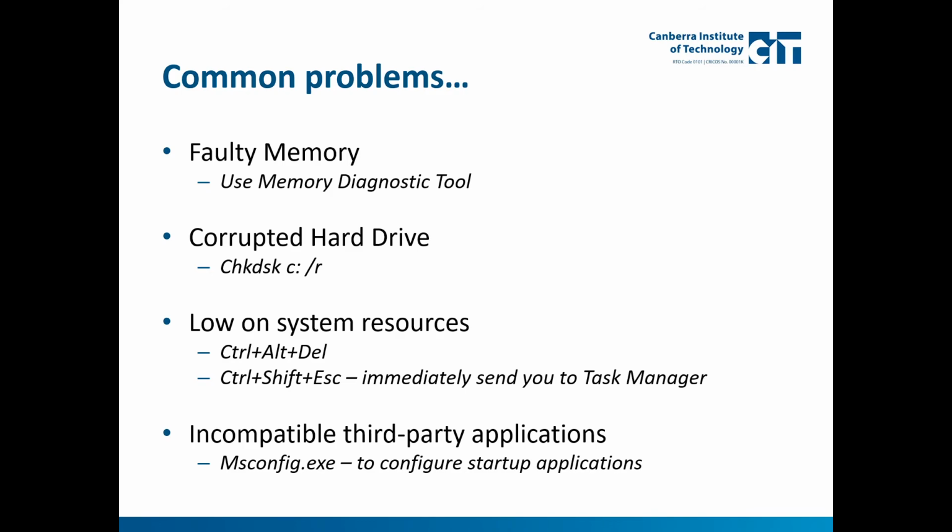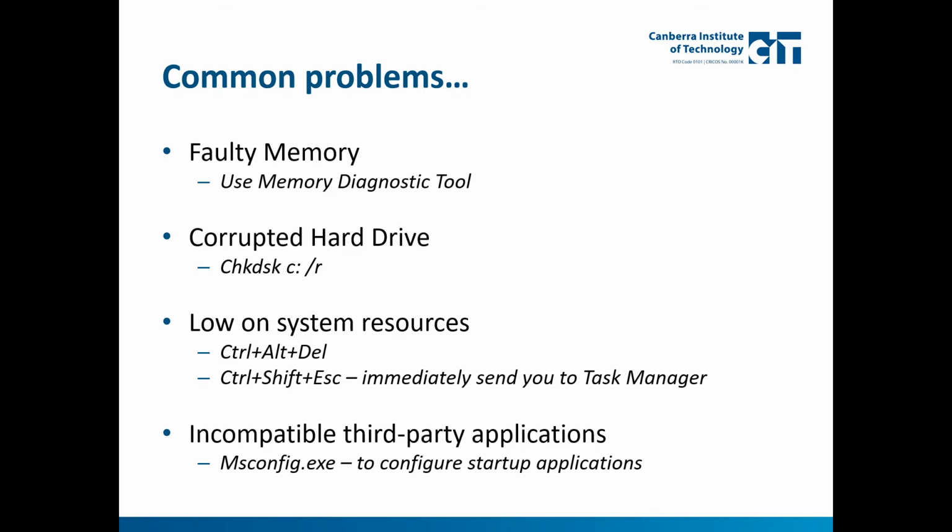Low on system resources. So once again, guys, if you use the famous Control-Alt-Delete and you access the Task Manager, again, another way to access the Task Manager straight away is Control-Shift-Esc. That's a really nice shortcut, guys, because every time I press Control-Alt-Delete, I'm only interested in accessing Task Manager.